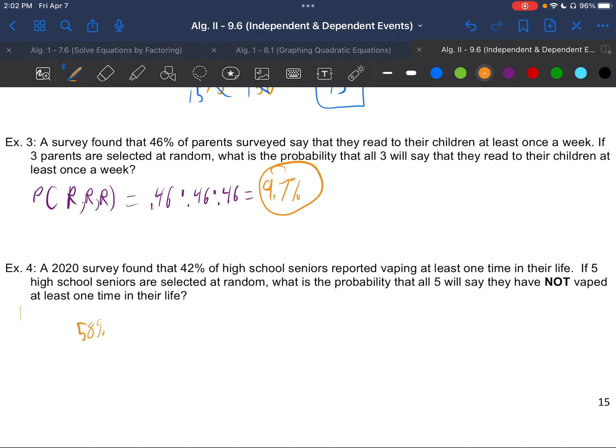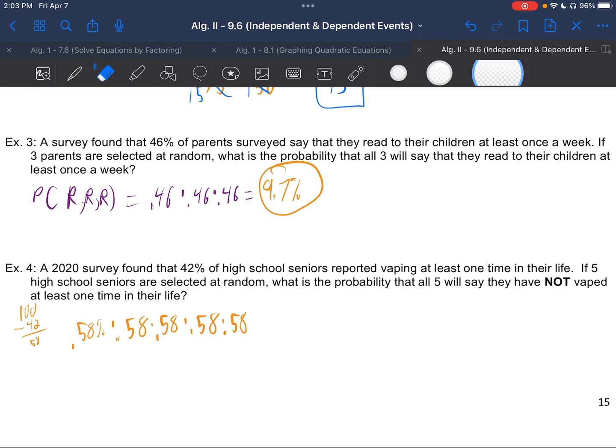If you're wondering, you take 100% for all the students, subtract the 42 that said they have once in their life to get 58. And you take that 58 and you multiply 5 of them together, because there were 5 different students. So 0.58 times 0.58 times 0.58, I think I missed one, times 0.58 if I did.